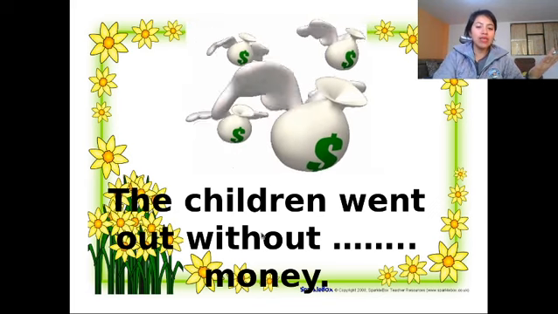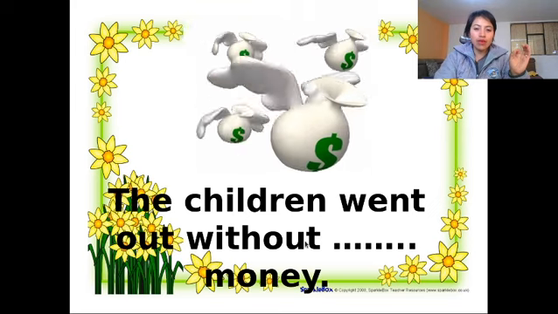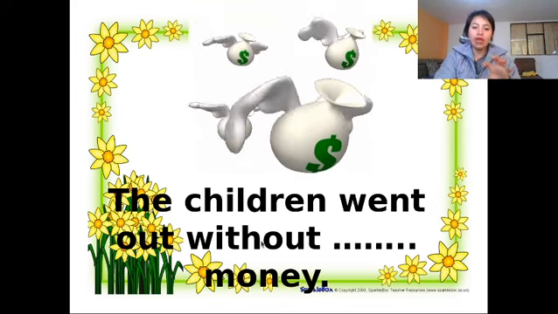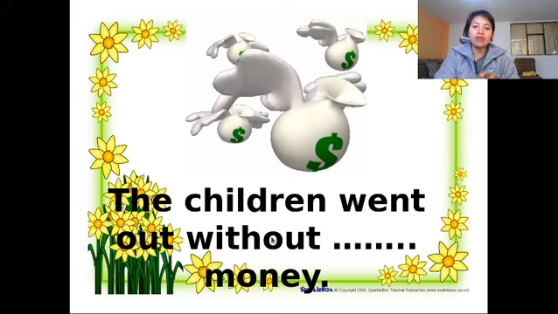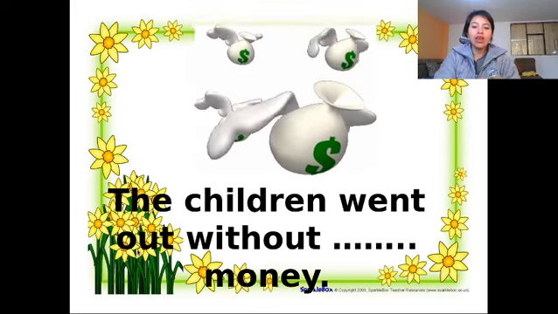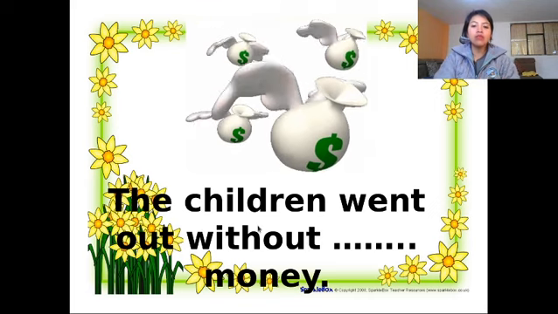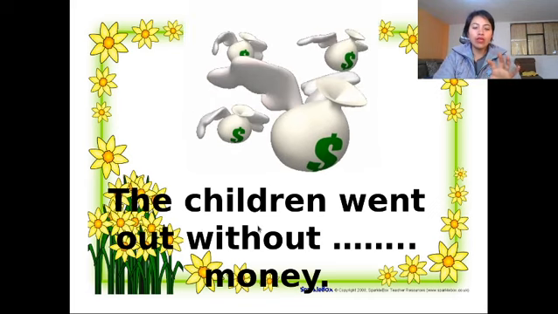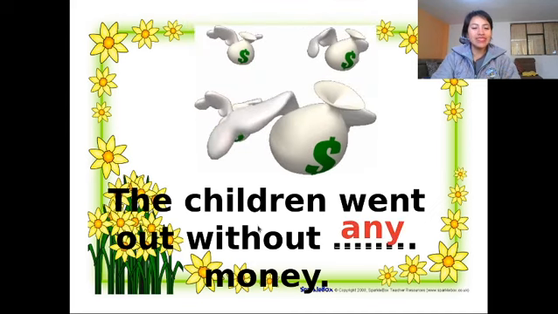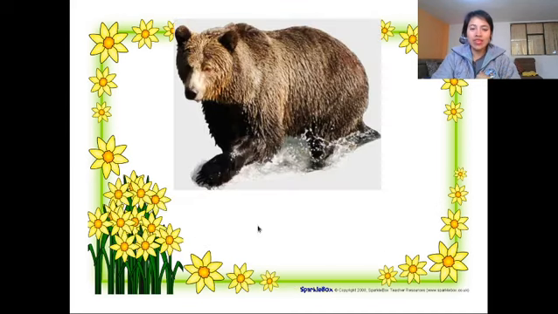This without is a negative connotation, right? Este without da una connotación negativa, ¿sí? Decimos sin. Los niños salieron sin, without. Si es algo negativo. Very good. Any money, right? Excellent, my dear students.